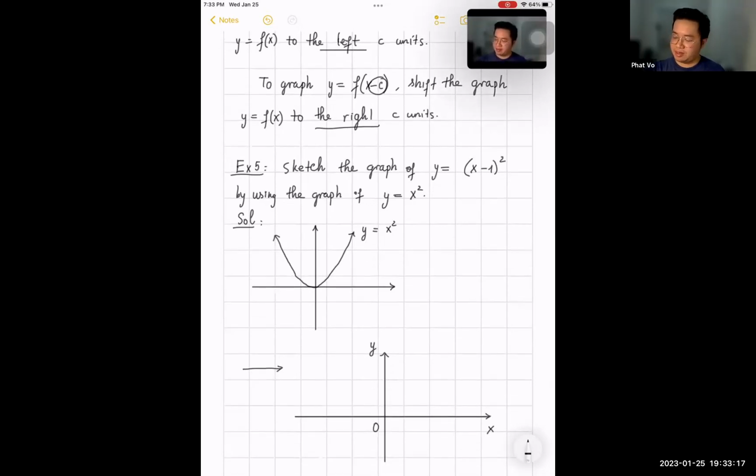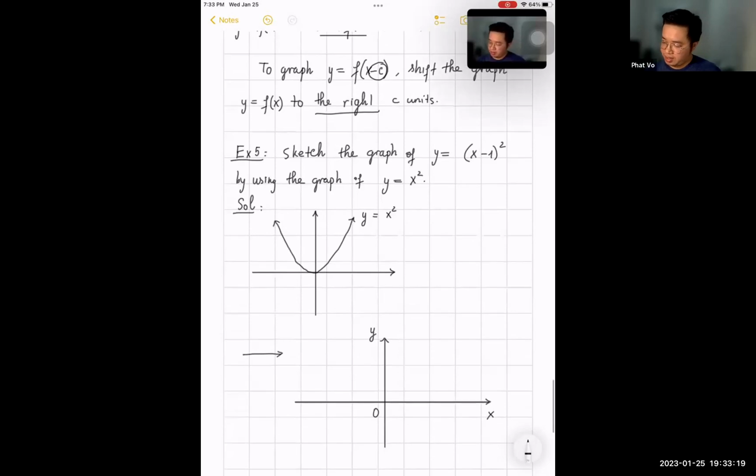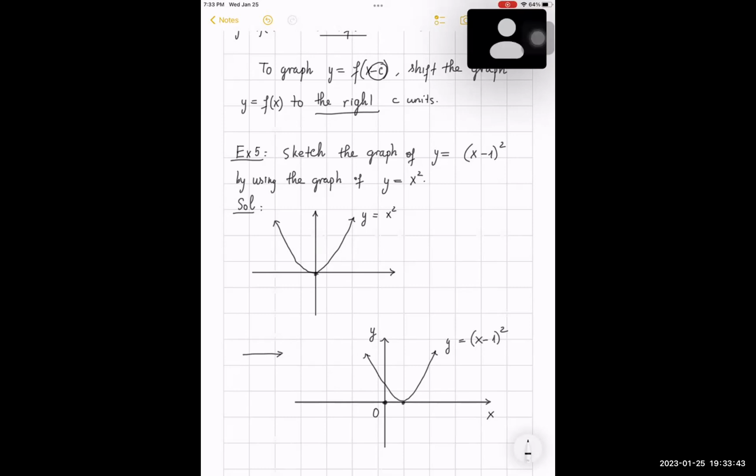So I start at the point 0, and I will go to the right 1 unit. So it starts at 1, and the new function is like this. Is it clear, guys? Yes.